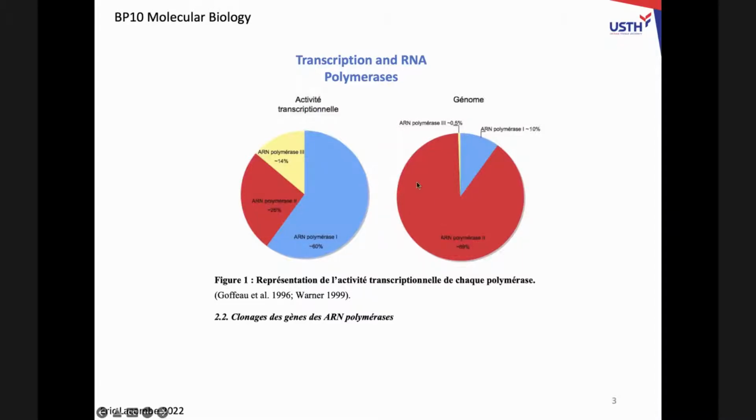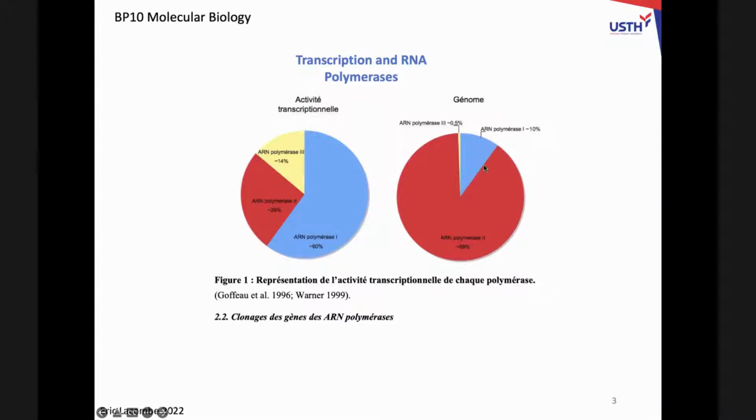Okay? So from that, what can you say as a kind of summary? The strongest transcriptional activity in terms of quantity of RNA produced in a cell is coming from Pol1, but the matrix, the DNA that is read by Pol1, represents only a small portion of what is read through RNA polymerase.